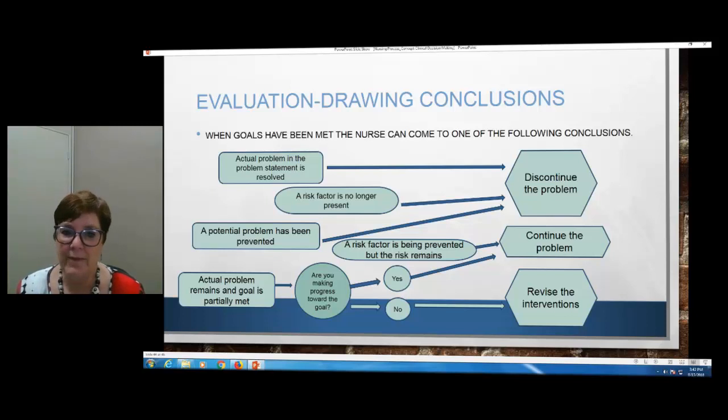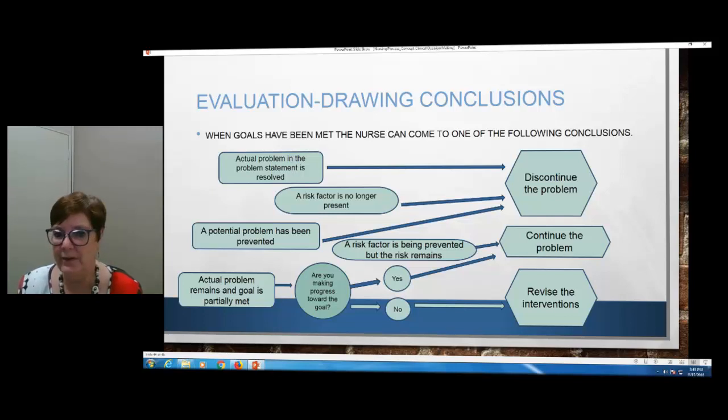If a risk factor is no longer present, like the patient that we talked about in the earlier presentation that had the hip fracture that was at risk for constipation, we have noticed that for the last 3 days, the patient has had nice normal bowel movements. They are up, moving more. We have therapy involved.